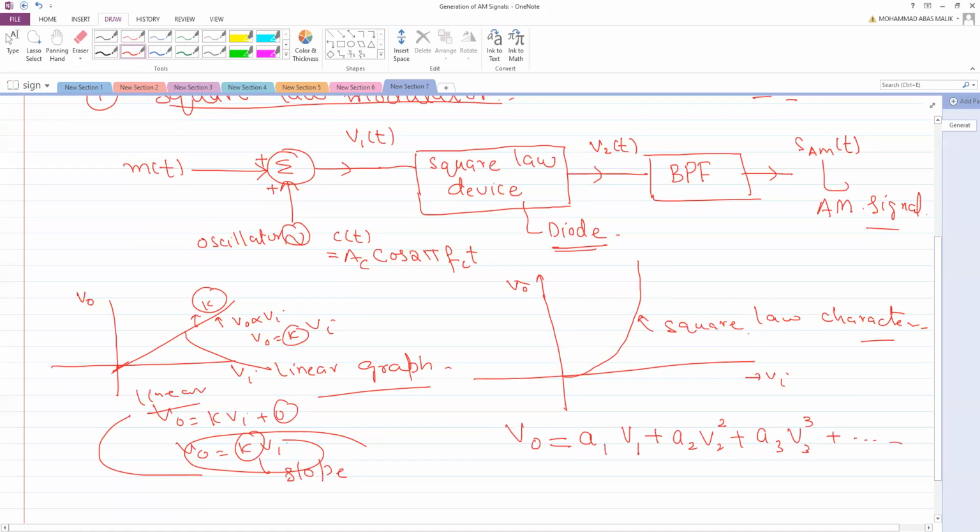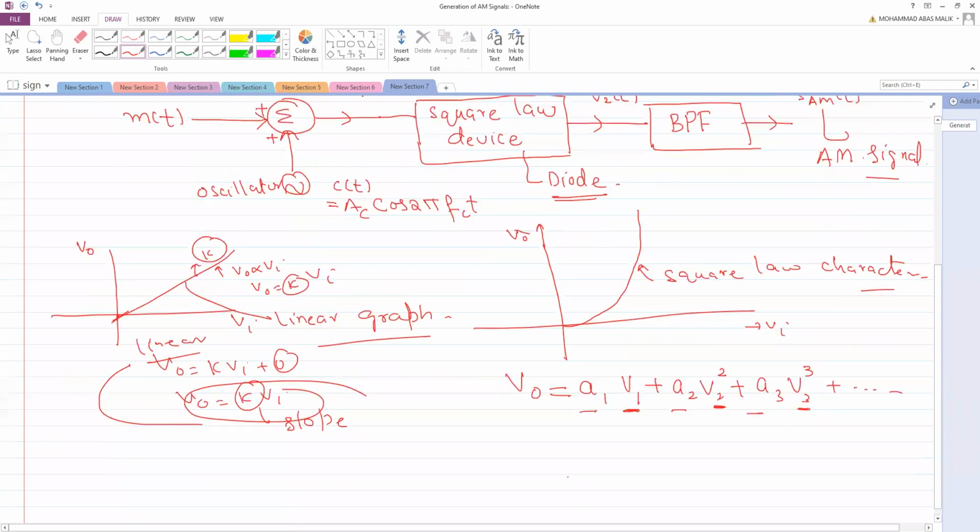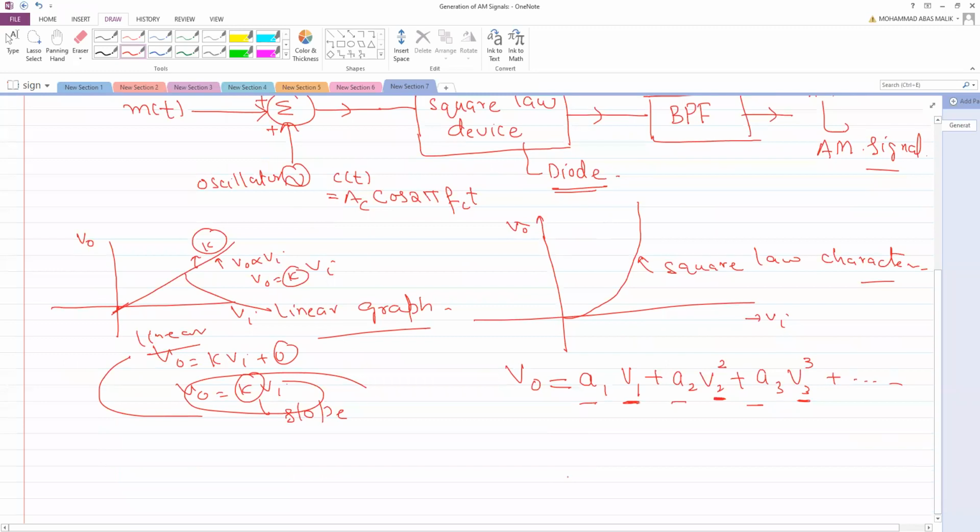In each scalar device you will have the output like this. Depending upon the constants a1, a2, a3, which are all constants, the power of vi may extend up to 50 or 100.